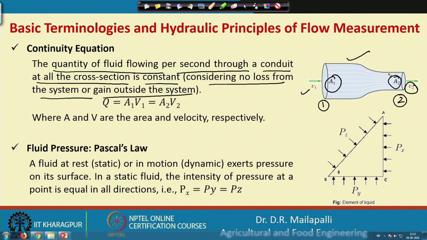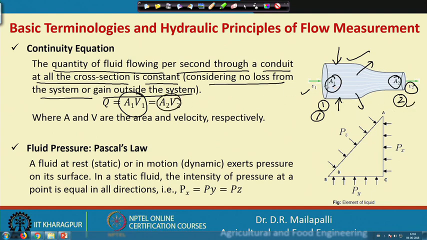So, you have 2 sections, fluid is flowing through a conduit, and there is no fluid being added across, or leaving from the system. In this system we can use the continuity equation, that is A 1 into v 1 at section 1 is equal to A 2 into v 2 at section 2.